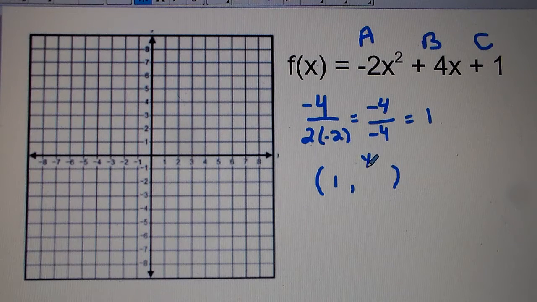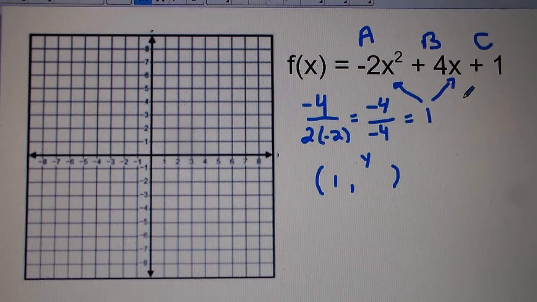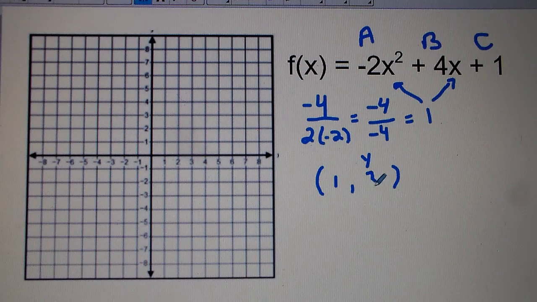To find that y value, we put that 1 in for the x. Use my calculator, negative 2 parentheses 1 close parentheses squared plus 4 times 1 close parentheses plus 1. And we're going to get an output of 3. So my vertex is 1 to the right, 3 up, and I plot my point right there.